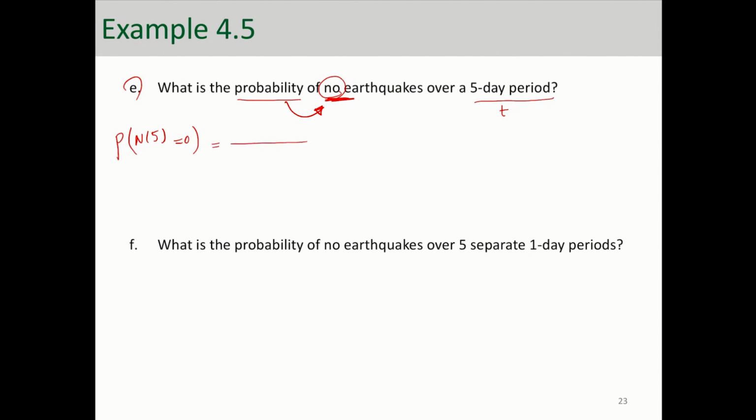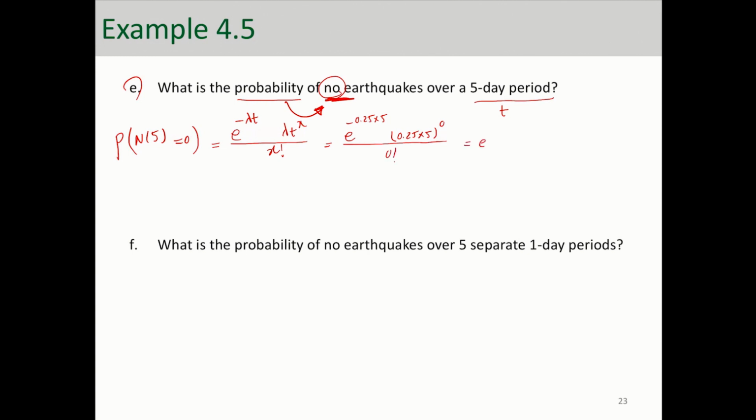So e to the negative lambda t, times lambda t to the x over x factorial, that is 1.25 to the 0 over 0 factorial.